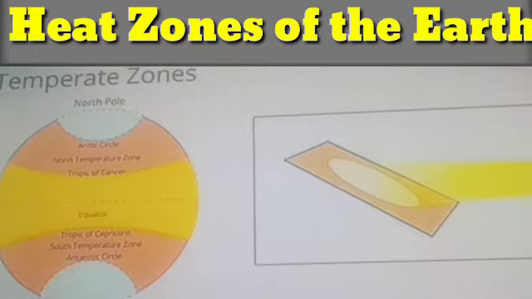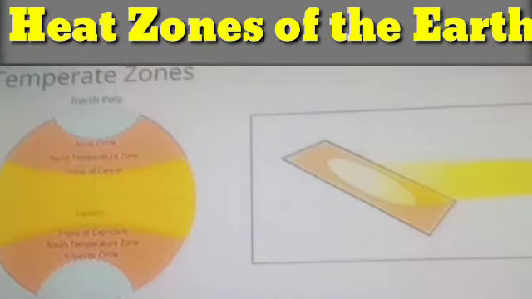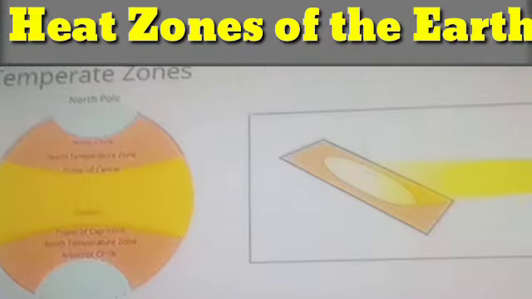As such, the areas between the Tropic of Cancer and the Arctic Circle in the northern hemisphere and the Tropic of Capricorn and the Antarctic Circle in the southern hemisphere have moderate temperatures. So, these are called temperate zones.